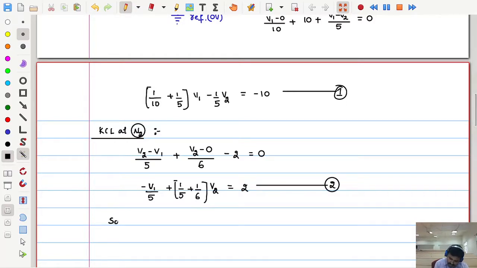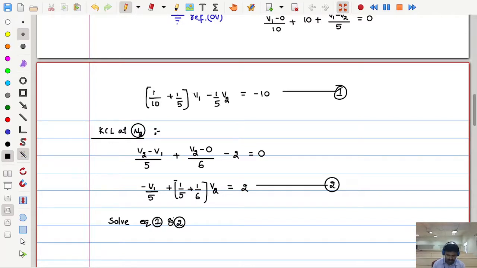Now solve these two equations. Solve equations 1 and 2 by using your calculators, and tell me how much V1 and V2 will be. You can go to solving equations, in which I will type 10 inverse plus 5 inverse and minus 5 inverse and minus 10, then minus 5 inverse and 5 inverse plus 6 inverse and 2.